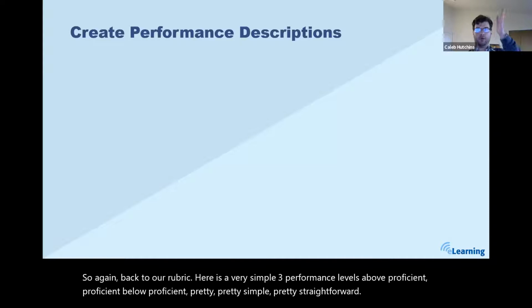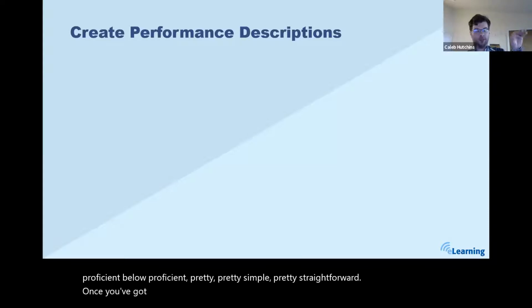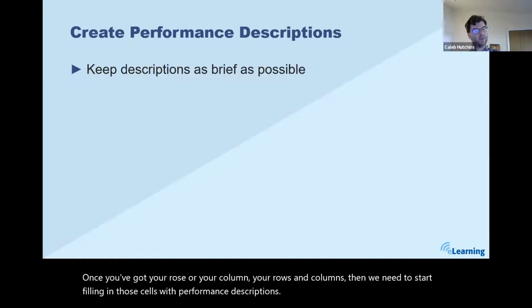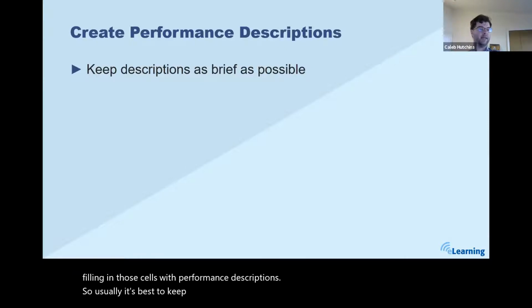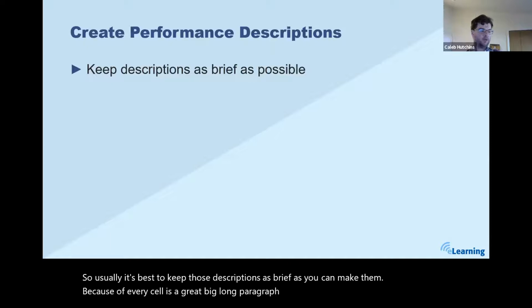Once you've got your rows and your columns, then we need to start filling in those cells with performance descriptions. So usually it's best to keep those descriptions as brief as you can make them, because if every cell is a great big long paragraph, then again, that's harder for students to keep track of.